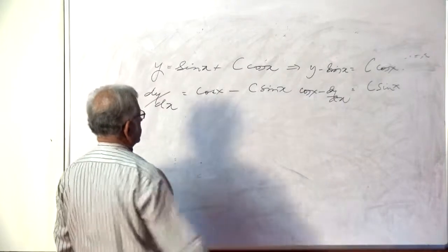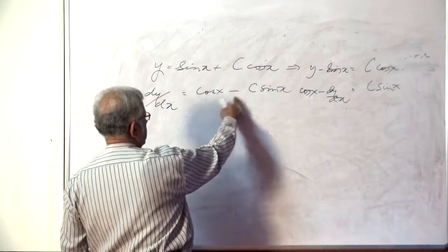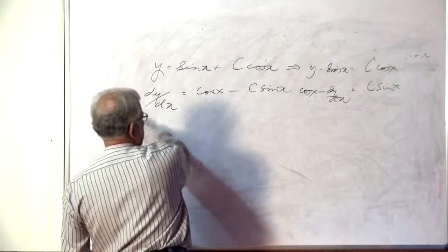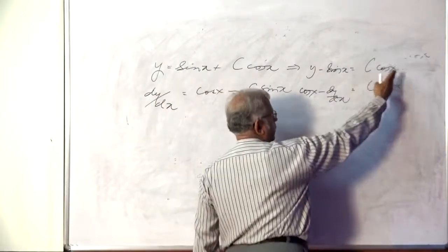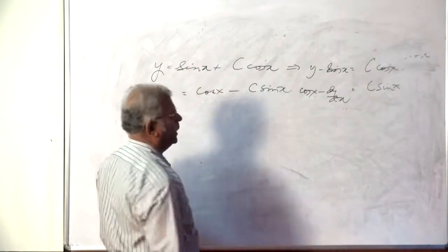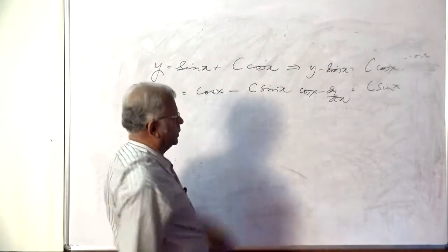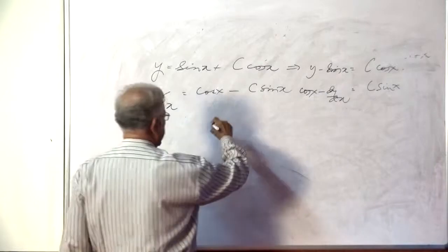That's fine. If dy/dx is cos x minus c sin x, then c sin x is equal to cos x minus dy/dx. Purposely written with the c's on the same side so that now we can divide one term by the other and c will get eliminated.